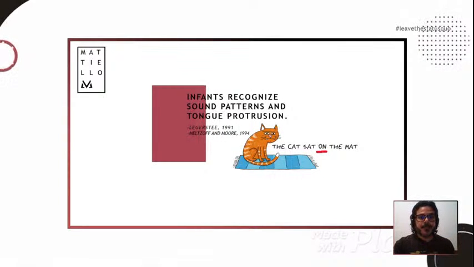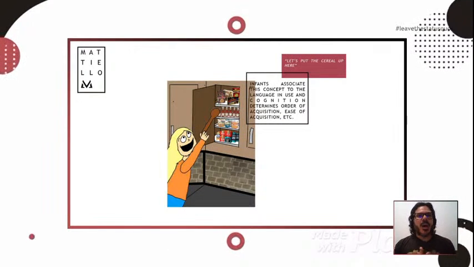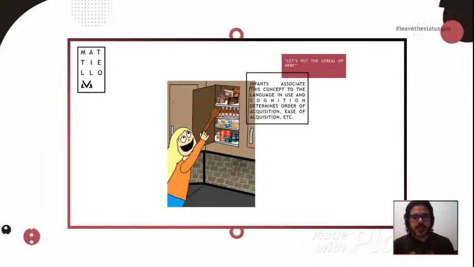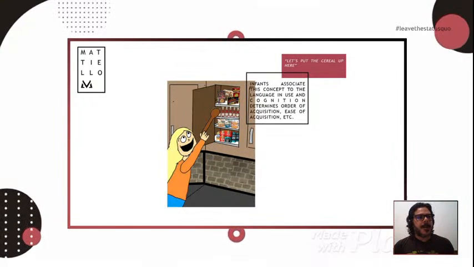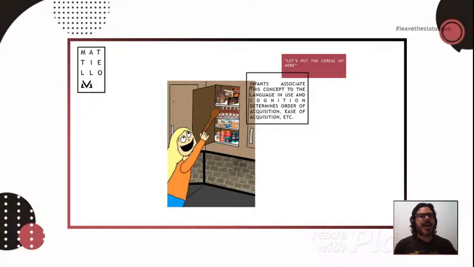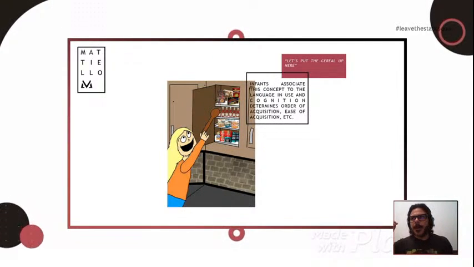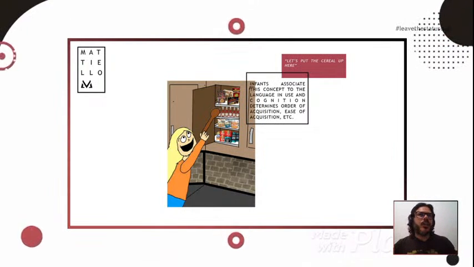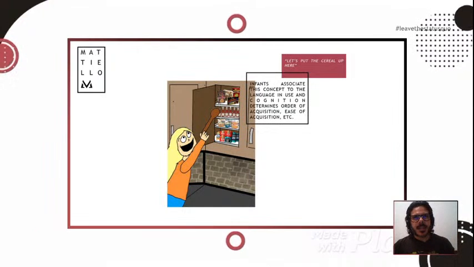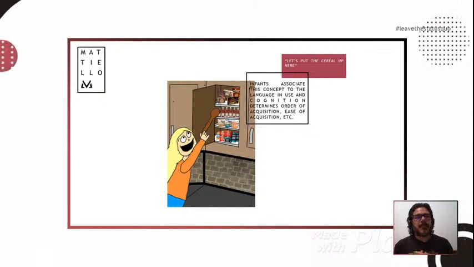All right? And of course, these are all possibilities. I'm not saying that a kid who is being exposed to "the cat sat on the mat" is going to understand cat first, and then mat, and then sat, and then "on", and only later in the linguistic development are they going to understand the meaning and how to use the determiners.